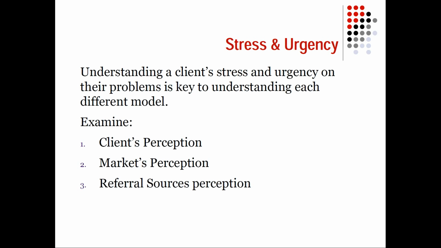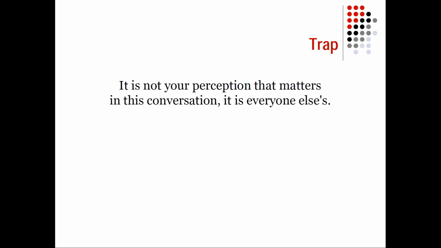But it really doesn't matter what you think. What matters is what the client thinks. What we're looking for is a way of appreciating and understanding where clients are coming from and how that applies to our model. So from my perspective, this is the ultimate trap. If you do not appreciate that it's the client's perception, and if you do not spend time and effort understanding the client's perception, the client's stress, and the client's urgency, you are missing a golden opportunity.